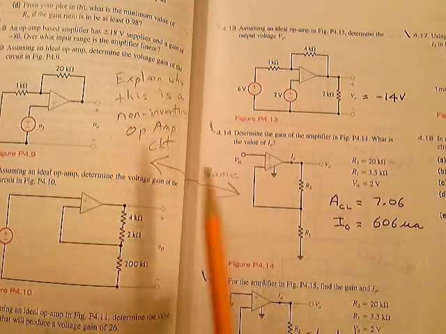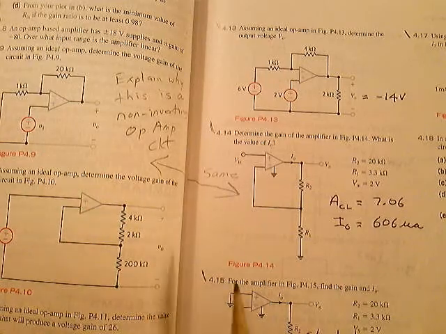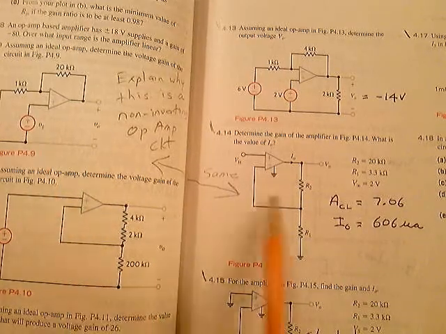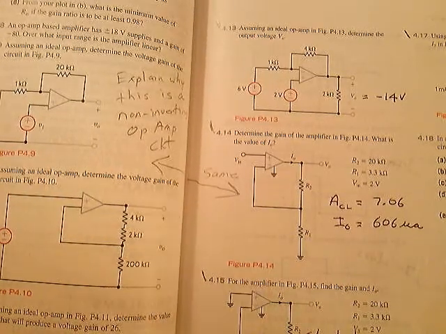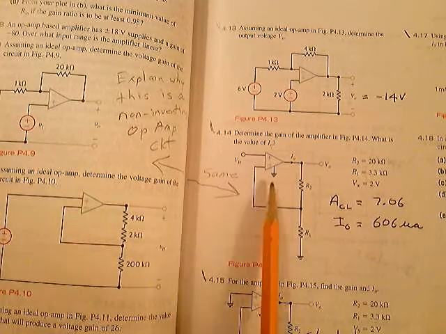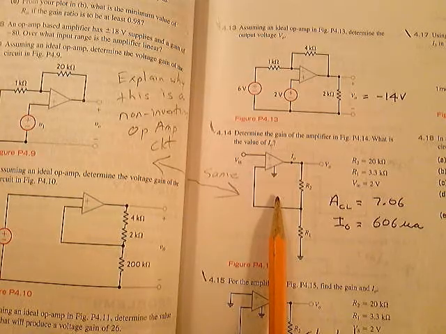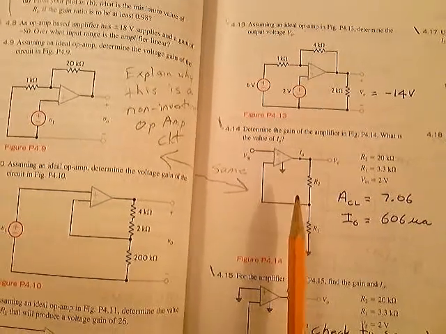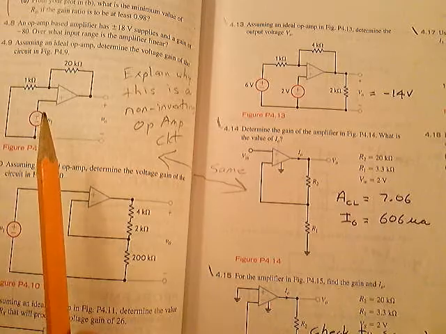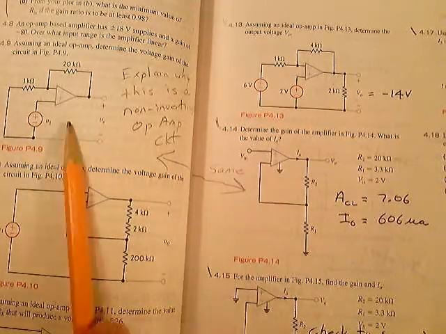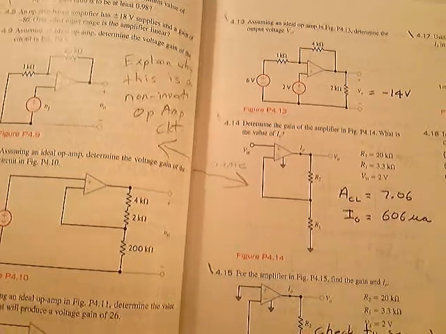A quick look at those 2 different configurations may lead you to believe that they're different circuits, but they're not. Both of these circuits are non-inverting amplifier circuits. Both of them are. So make sure you can see that. These are the same circuit, just drawn differently.